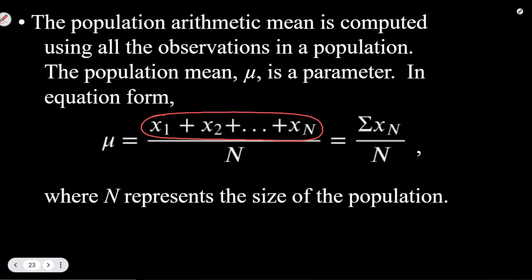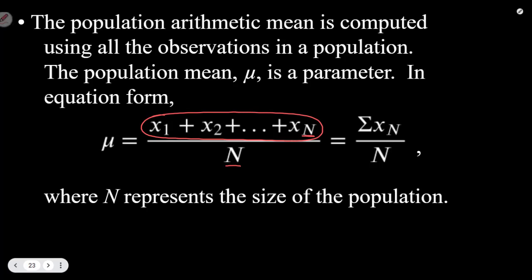X sub 1 plus X sub 2 plus X sub 3 plus X sub 4, all the way up to where we finally get to the nth observation. And remember that n is the total number of values in our population. So we would have to add them all up, and then we divide by n.